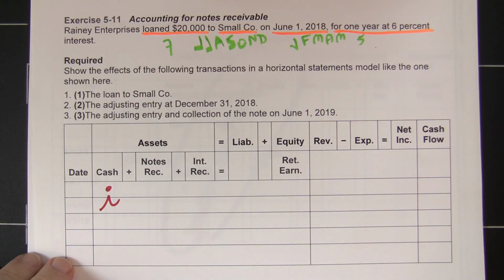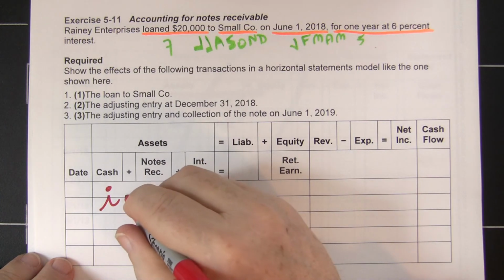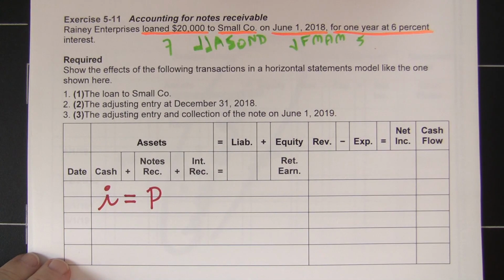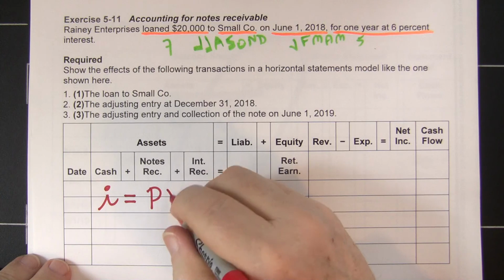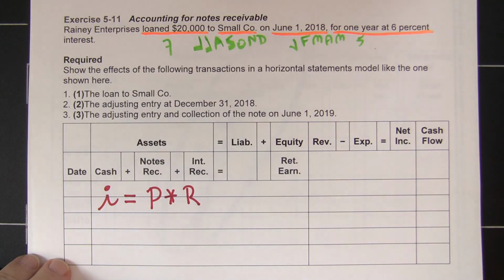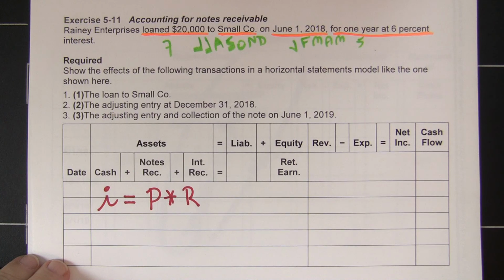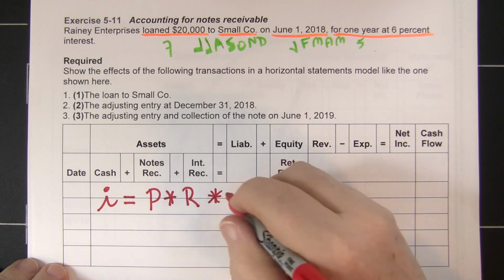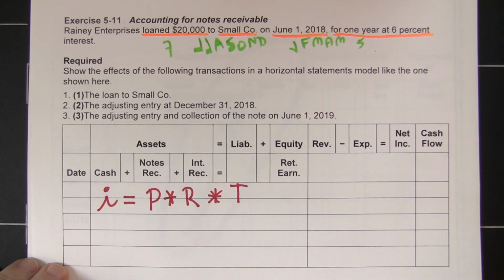Interest, the amount of money you get or pay, is equal to the principal, the amount of money you borrow or lend, times the rate, the percent that you agree to either pay or receive, times time, and that's for parts of a year. So all you need to do is just apply that and you'll be fine. We're looking for the interest.